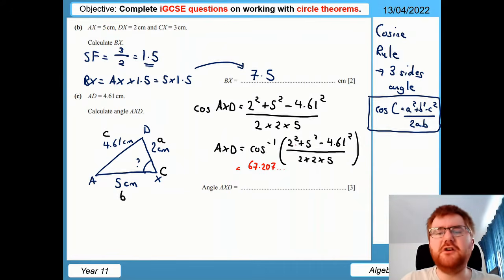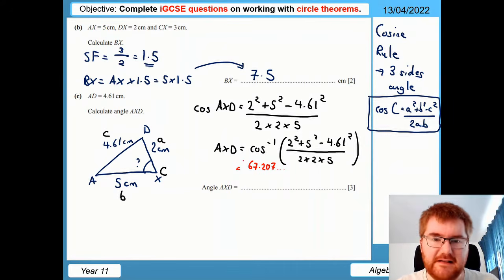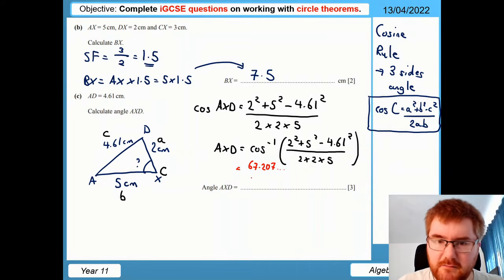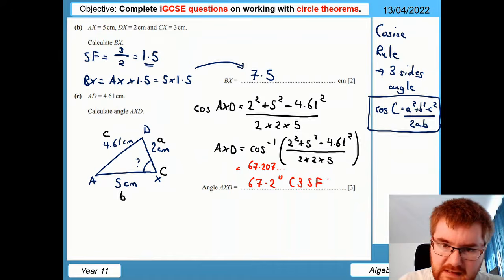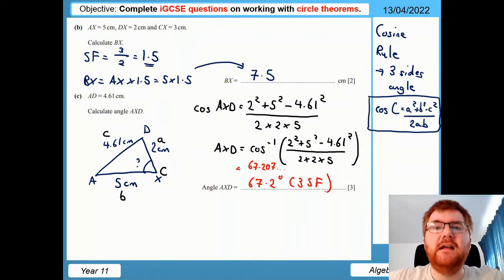I'm just showing the examiner I've worked this out on my calculator, and then I can round correctly here. So my answer is going to be 67.2 degrees, and that's going to be to 3 significant figures, like so.